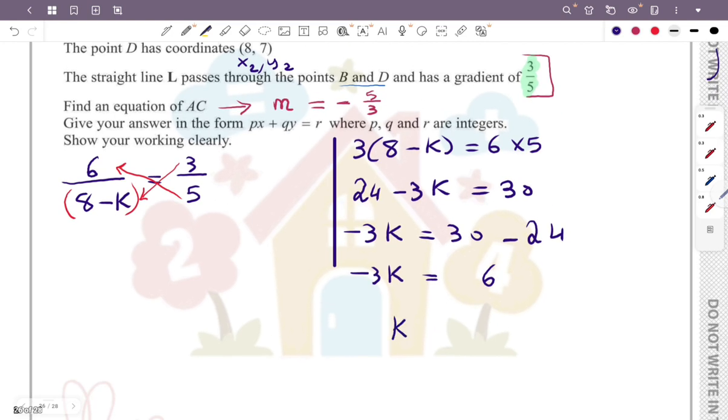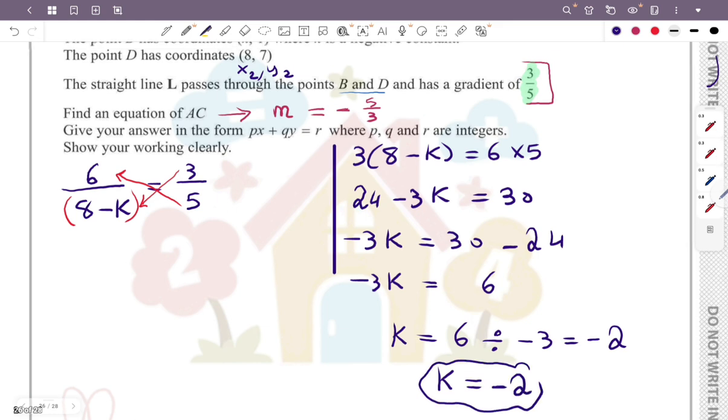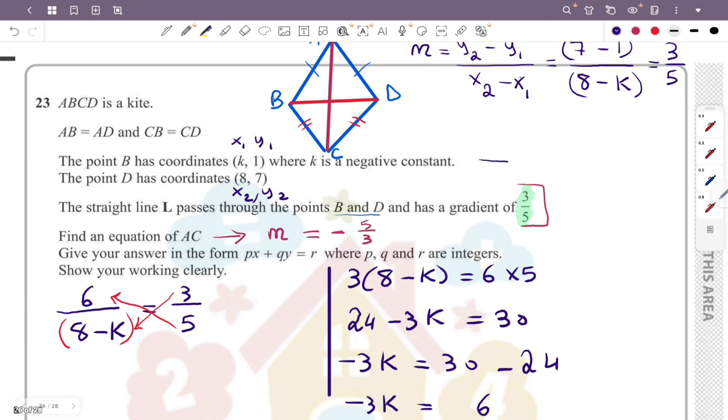So k equals 6 divided by minus 3, which is minus 2. Now I have the value of k, minus 2, so the coordinates of B are (minus 2, 1) and D is (8, 7).